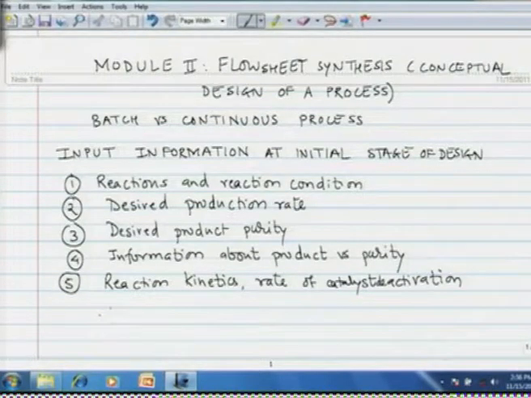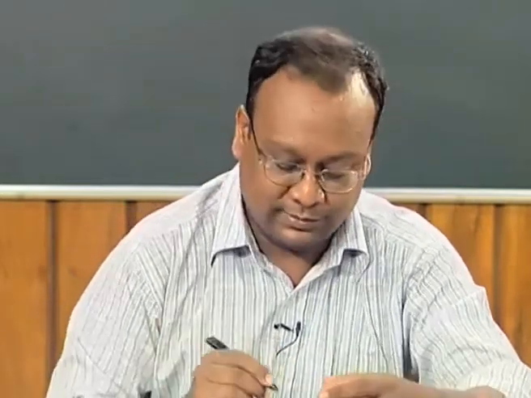The next is processing constraints. What are the factors that limit the reaction conditions, the temperature, pressure of the process or the reactor type, so on and so forth.